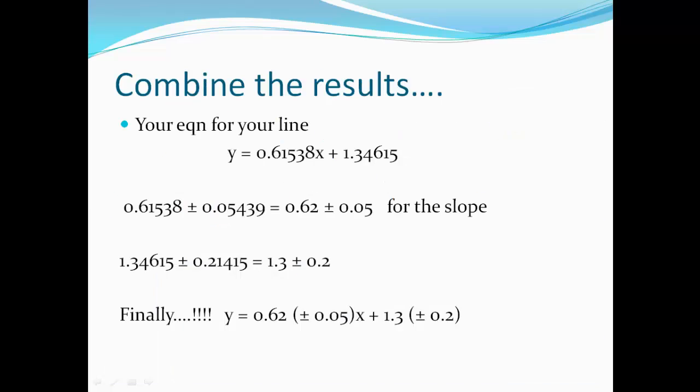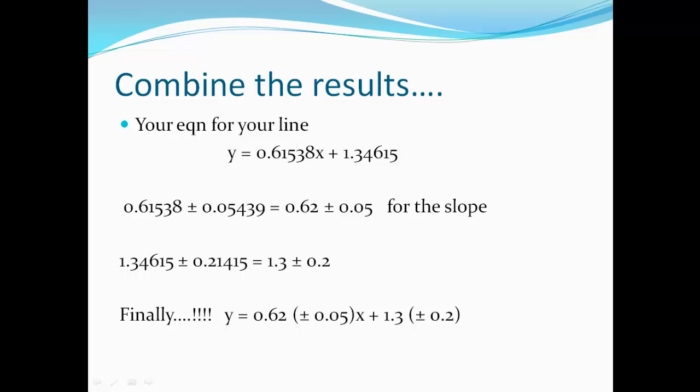So finally, at the end, you can combine all the results, and you see that the equation for your line originally was y equals 0.61538x plus 1.34615. That's what we had before we did any of the significant figures. We just figured out that the standard deviation for the slope was 0.05439, so 0.61538 plus or minus 0.05439.